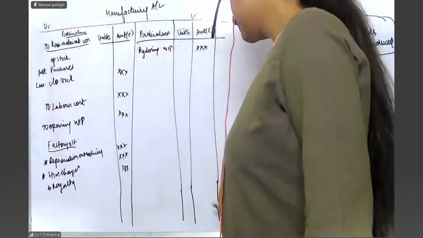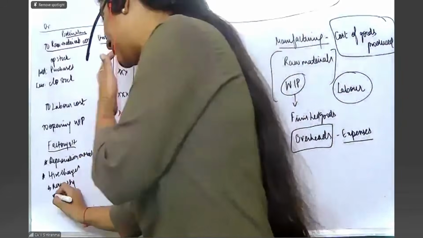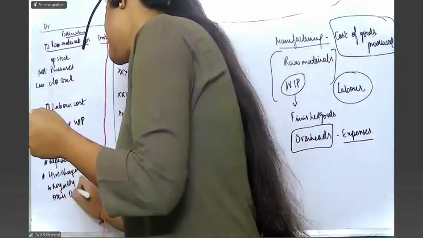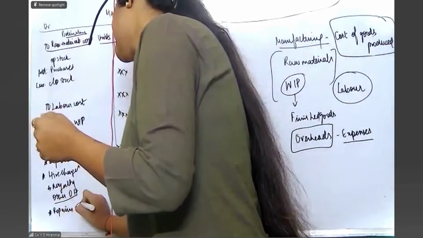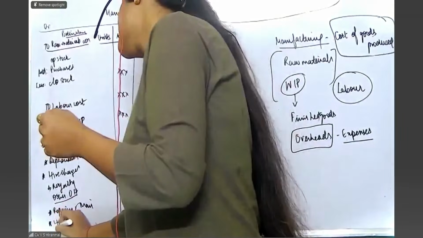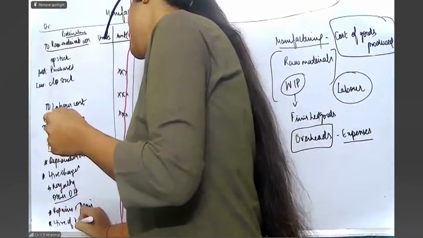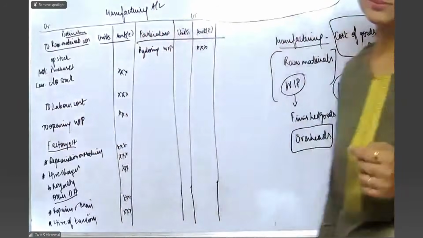Now, my dear students, there will be something which is indirect or other overheads. In that, if you have factory repairs and maintenance, that will come here, and any other hire charges of the factory will also come here. Clear?